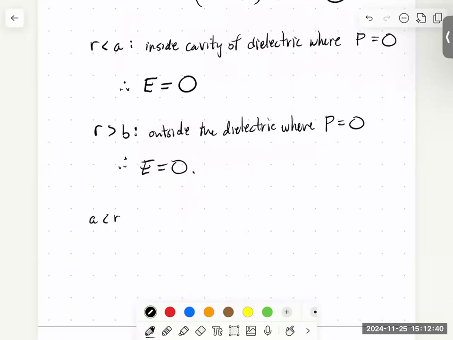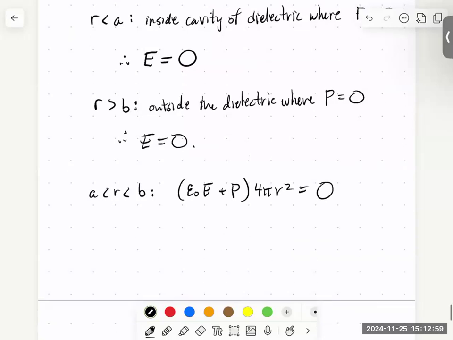So last, we are in this region. And so we would say epsilon naught E plus P times 4 pi r squared. The 4 pi r squared really doesn't matter at all in this case, because I can just divide by the 4 pi r squared. And we say, therefore, epsilon naught E is equal to minus P, or E is equal to minus P over epsilon naught.